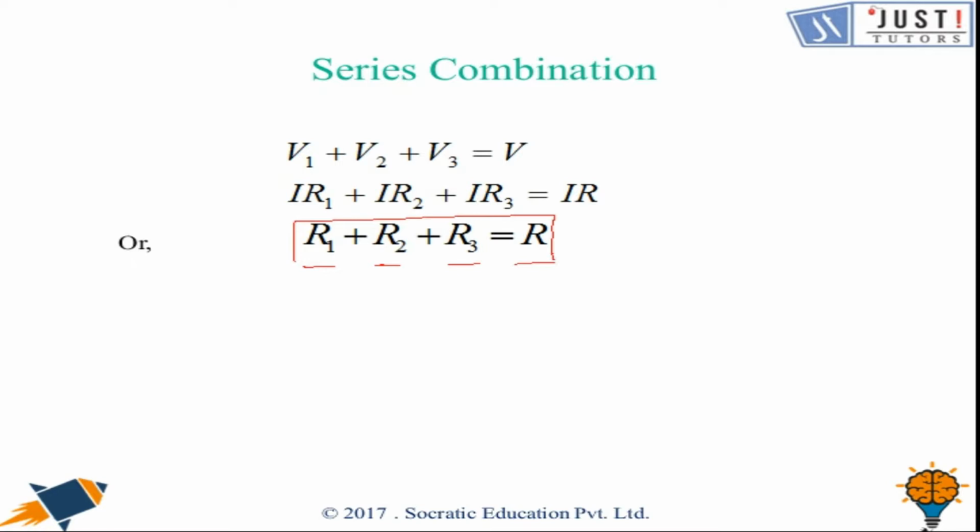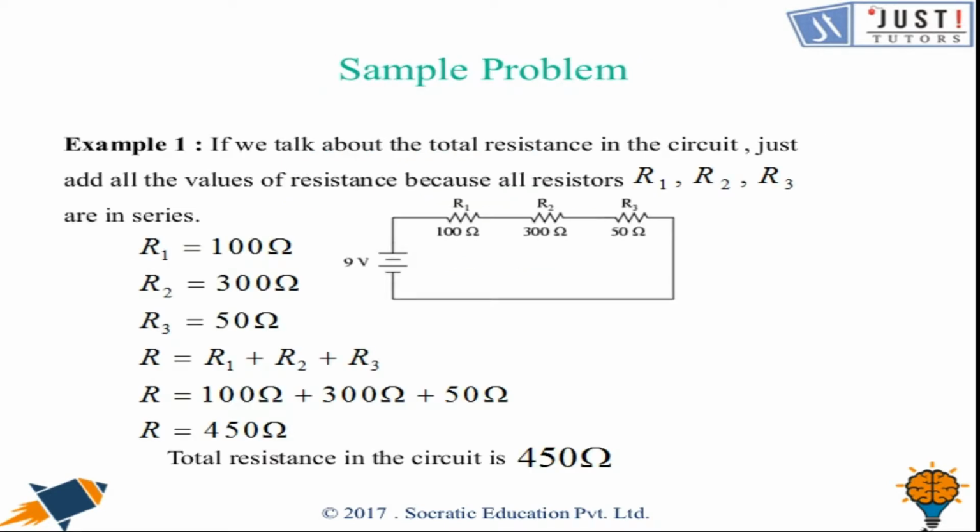Now here comes the next, which is parallel combination. Before parallel combination, we'll try a sample question here. If we talk about the total resistance in the circuit, just add all the values of resistance because all resistors R1, R2, R3 are in series. We have to find the total resistance in this question.